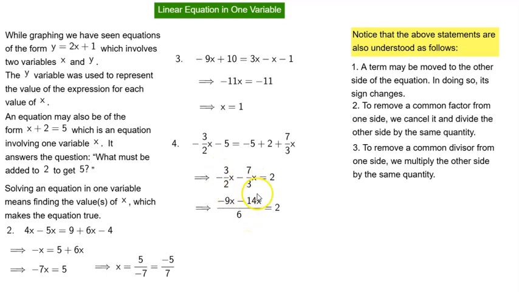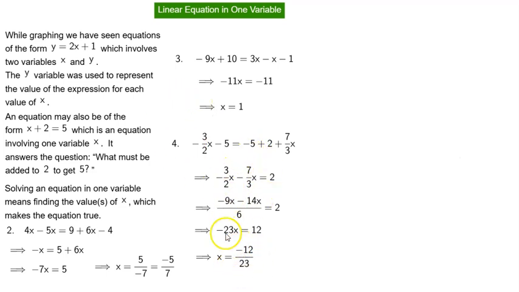In the numerator, we get minus 9x minus 14x is equal to 2. Minus 9 minus 14 is minus 23x is equal to 6 times 2, 12. x is equal to minus 12 by 23.